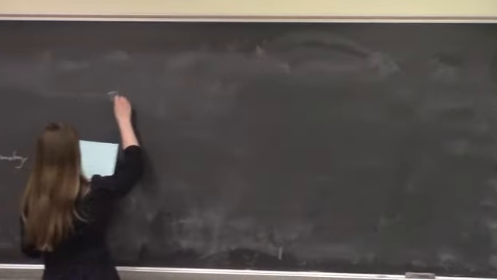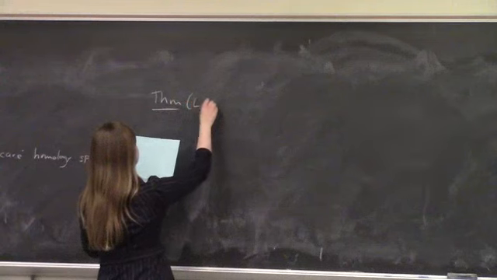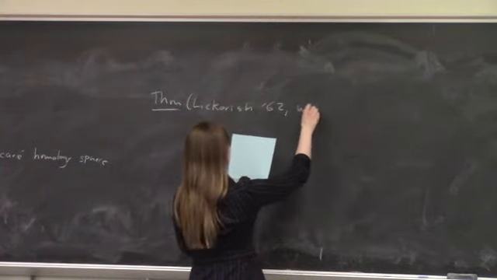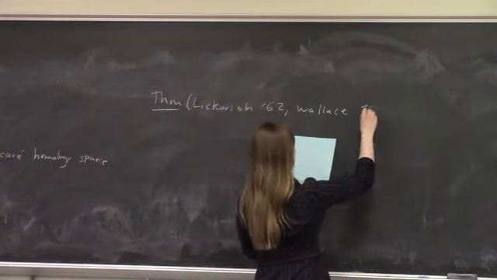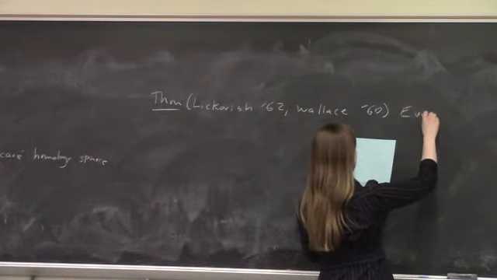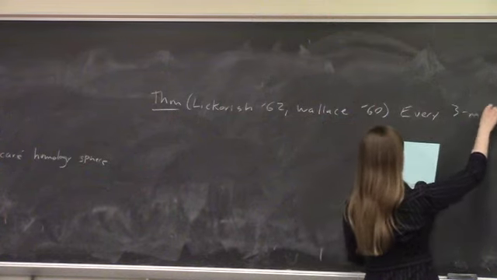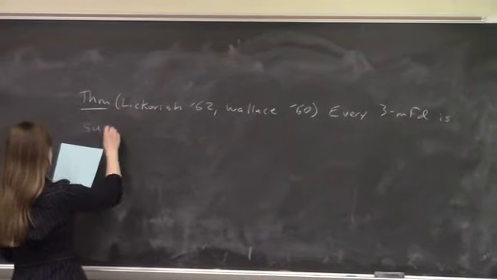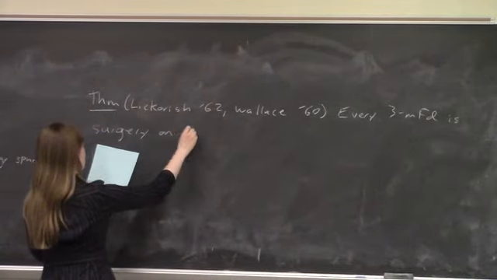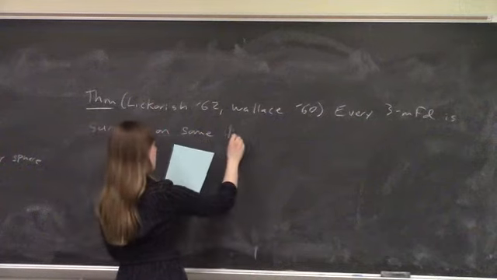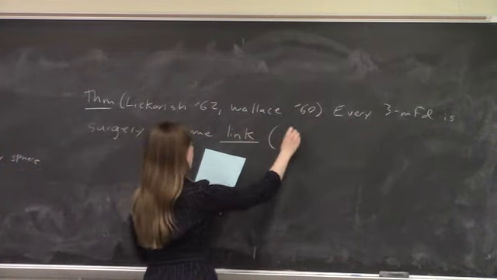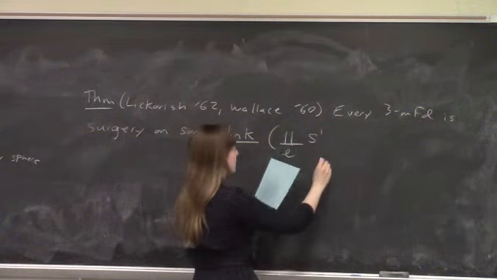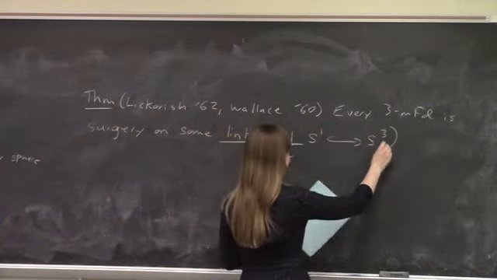So the theorem of Lickorish and Wallace involves a link, some disjoint union of multiple copies of S1 in S3.